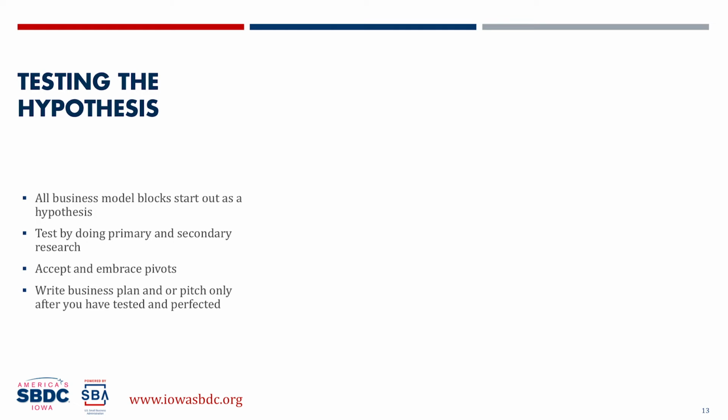As you're going through the business canvas model process, you want to make sure that you accept and embrace pivots. And by pivots, it might be changing the market or adding a new market or adding a new benefit to your product. It's not always a complete pivot of I'm just changing the whole idea. These are just small little pivots, but you just want to make sure that you're open-minded, going through it and kind of embracing that process and making sure that you can pivot.